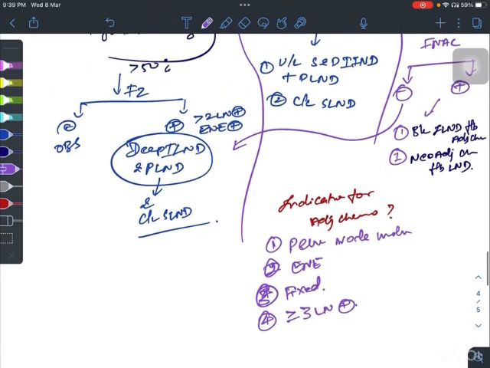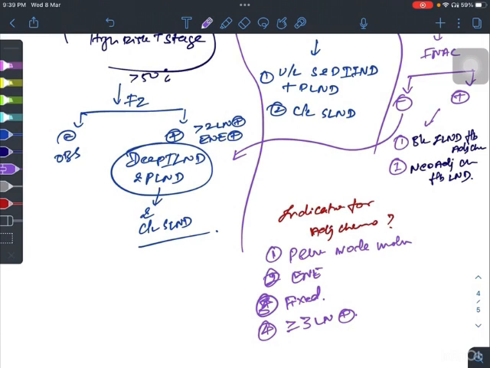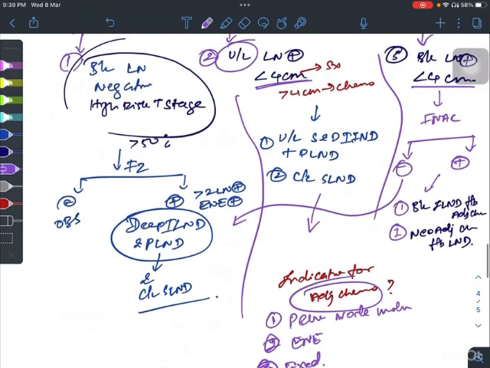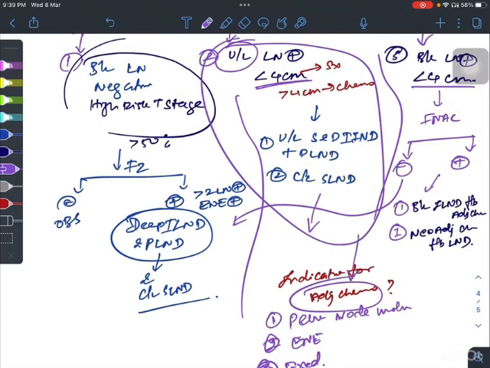And in this setting also, since we are doing pelvic lymph node resection, we can subject the second option category patient also to adjuvant chemotherapy.